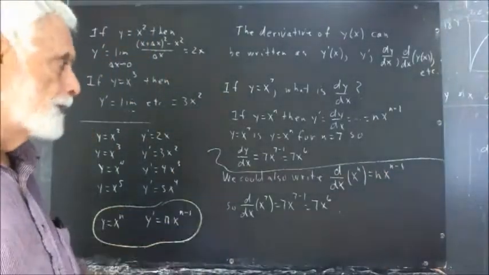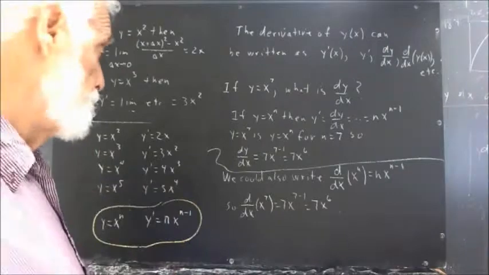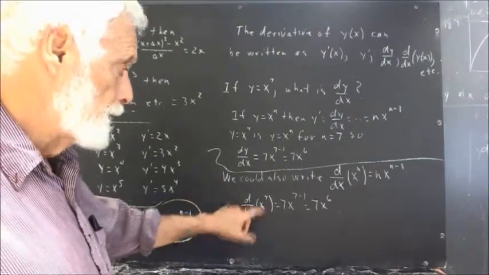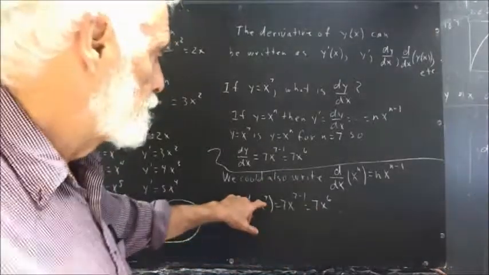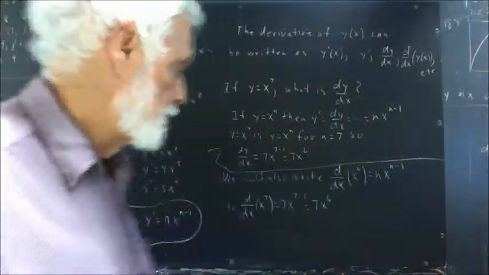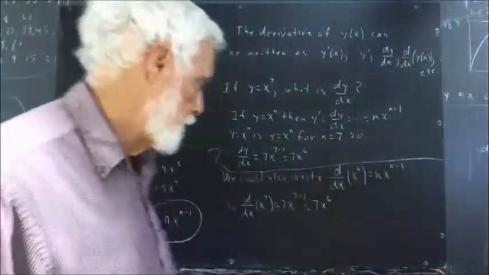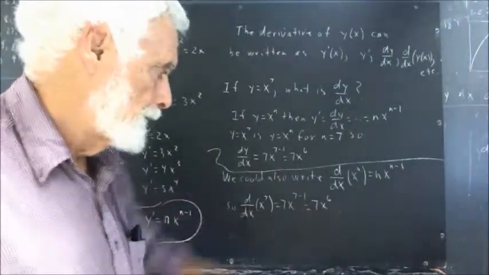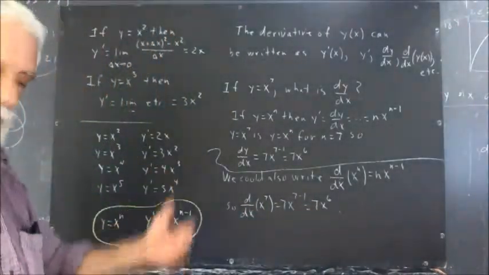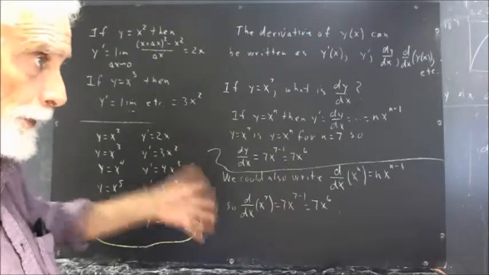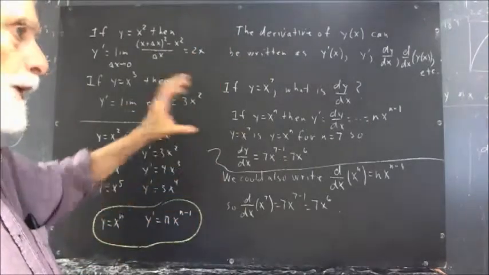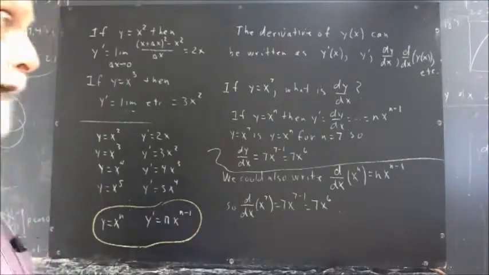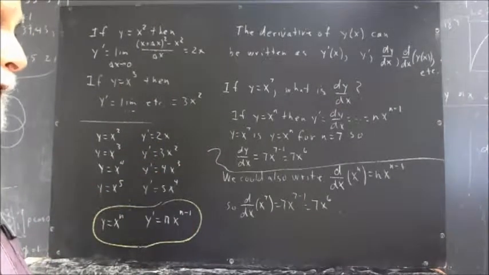So in relation to this problem, the derivative with respect to x of x to the 7th is 7x to the 7 minus 1, just the n equals 7 version of this definition. And that's 7x to the 6th. So it's just another way of notating the same thing. All this is valid. You can make your choice about the way you notate it, unless you're asked to notate it in some specific way.